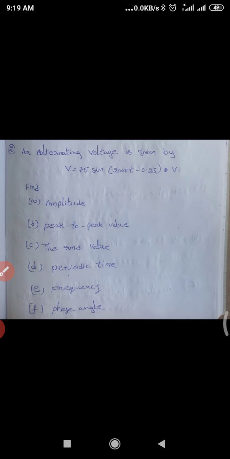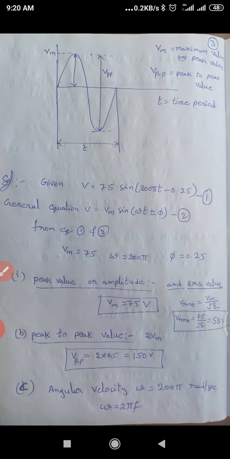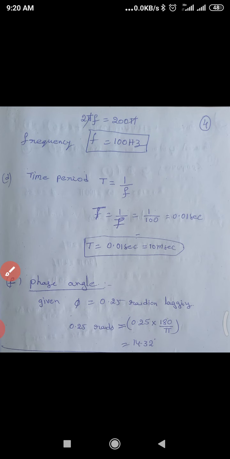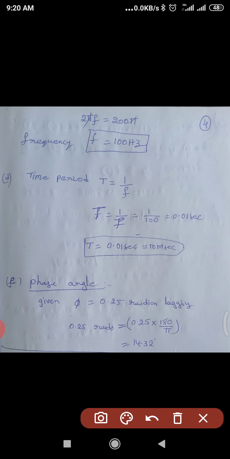Next, periodic time. It is nothing but the time period, the time taken for completion of one full cycle. Let us see how to solve this T. In the given problem we get omega is equal to 200 pi, that means omega is equal to 2 pi f. If you substitute omega here, we get f is equal to 100 hertz.